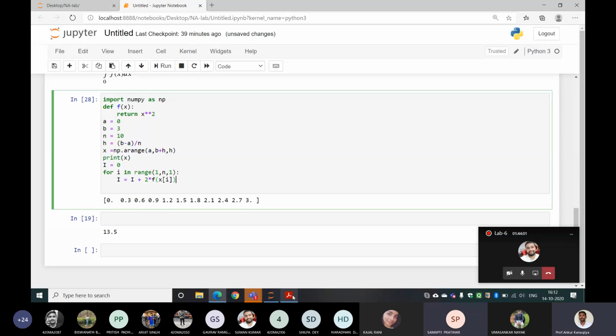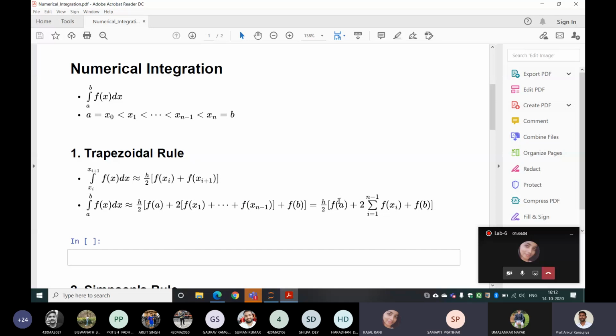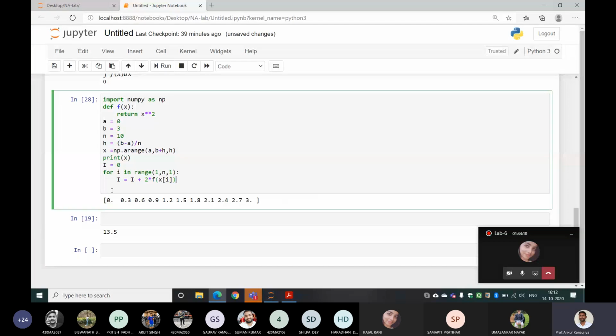After that, we have to add f of a, f of b, and whatever answer will come, we have to multiply by h by 2, right? So after that, whatever came in the summation, we will add f of x0 plus f of xn.